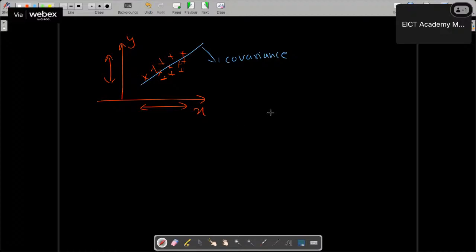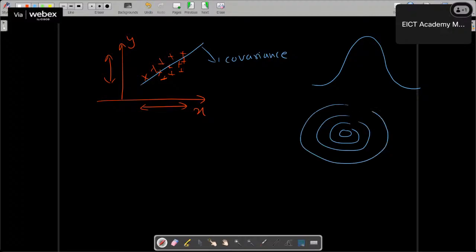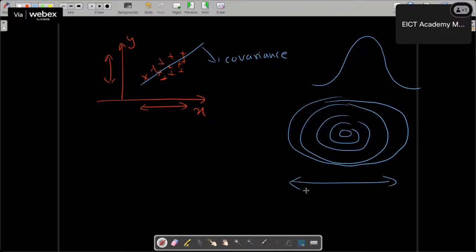Okay. So this is a one-dimensional normal distribution. In a two-dimensional normal distribution, it will be this kind of shape. This is the spread in the x direction, this is the spread in the y direction, and this is the orientation.